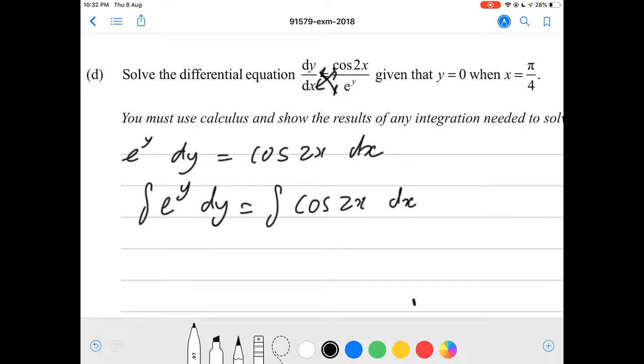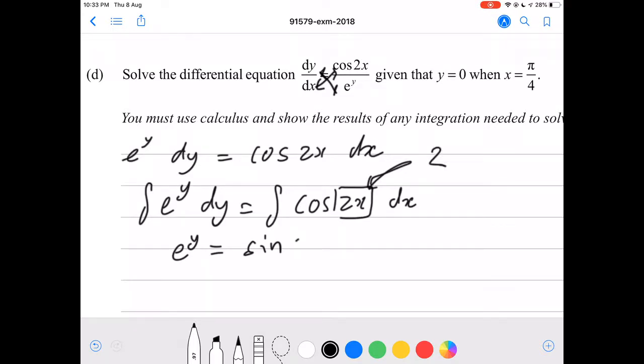The differentiation of y is just 1, so e to the power of y divided by 1 is still e to the power of y. So we're going to integrate the right side here. Cos should integrate back to sine, so that should be sine of something. However, if you differentiate the function here, you'll get 2.